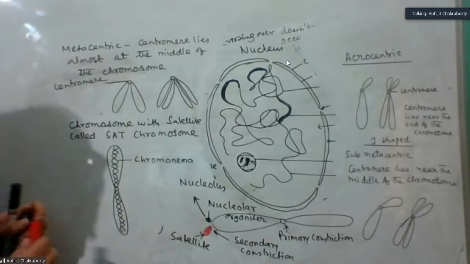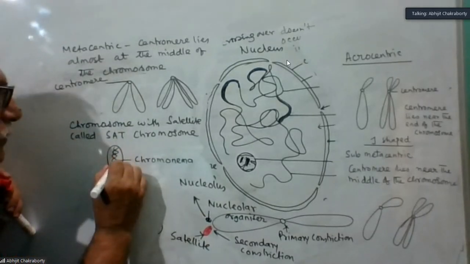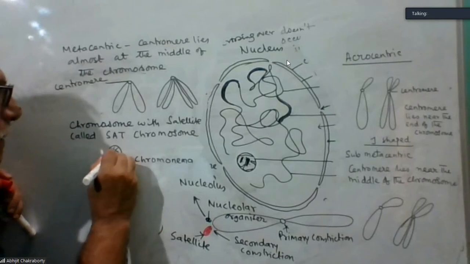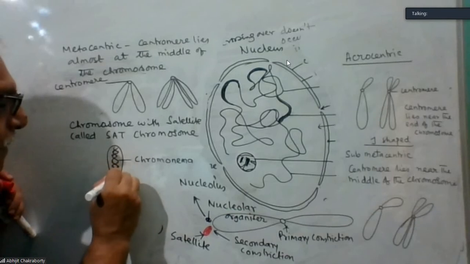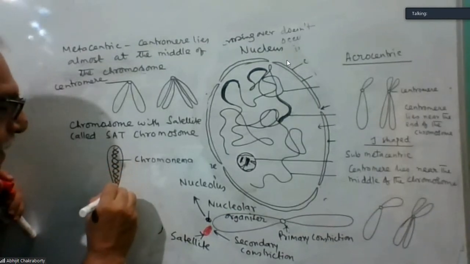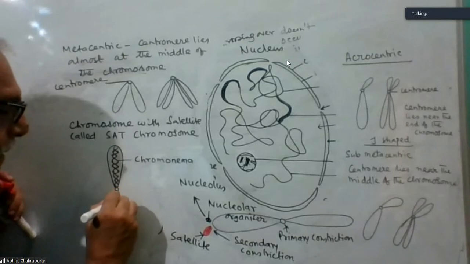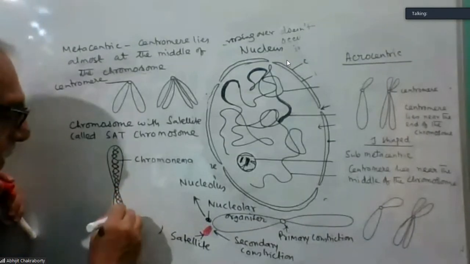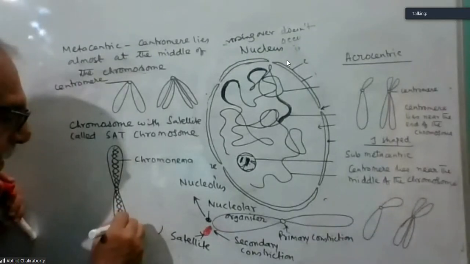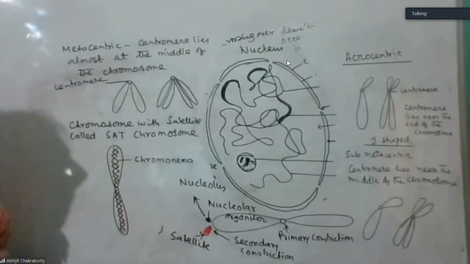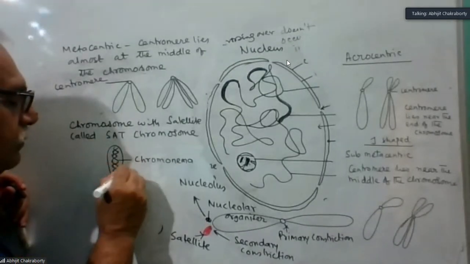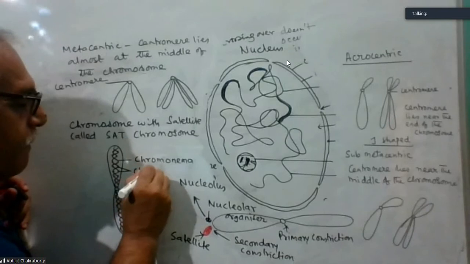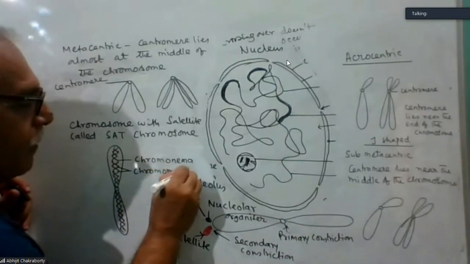In the chromonema, some bead-like structures are found, and they are called chromomeres.